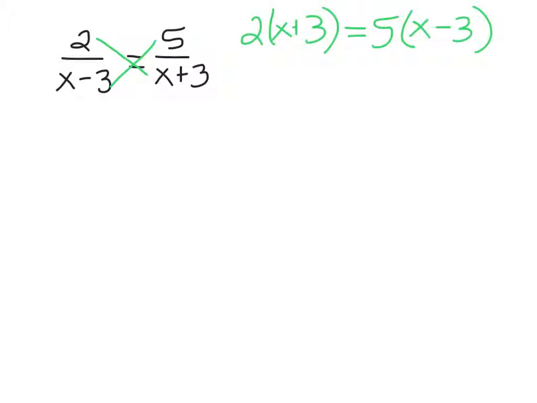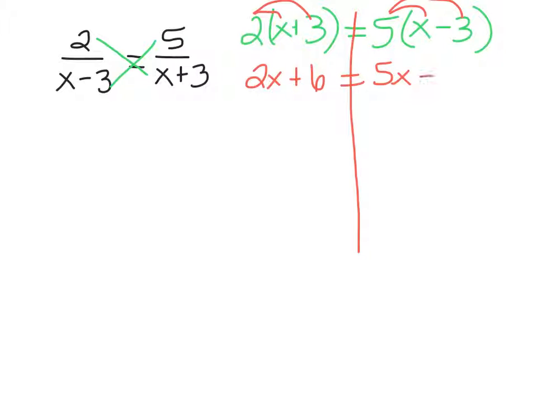Okay, so now we're going to solve just like we typically would solve an equation. We start by taking that number in front of the parentheses and doing the distributive property. So we get 2x plus 6 equals 5x minus 15.